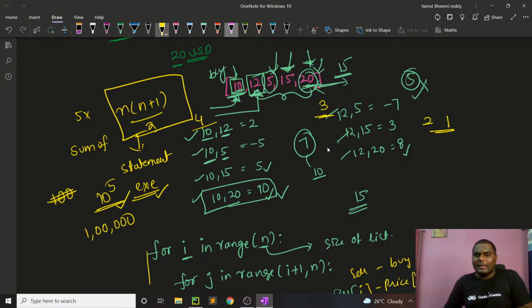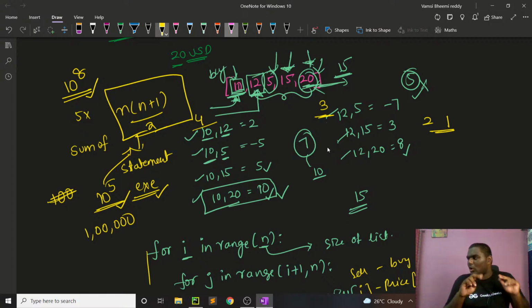It will exceed 10 power 8 in this formula. So our answer is not efficient. It will answer the questions, but it's not effective.